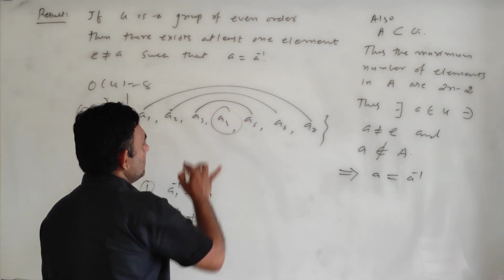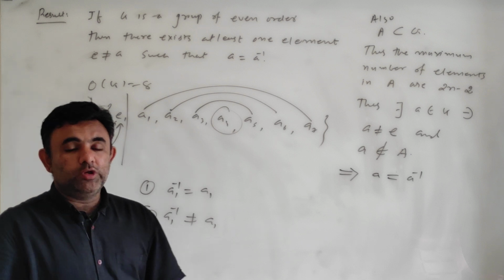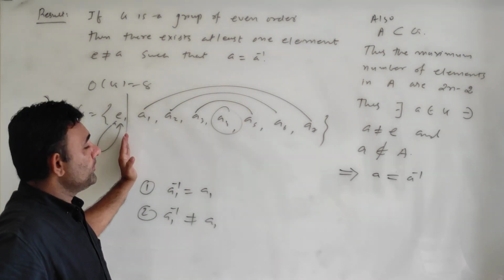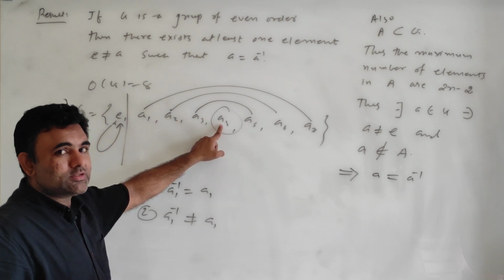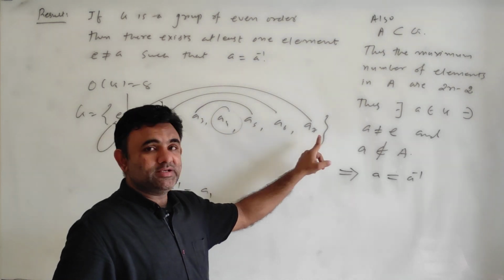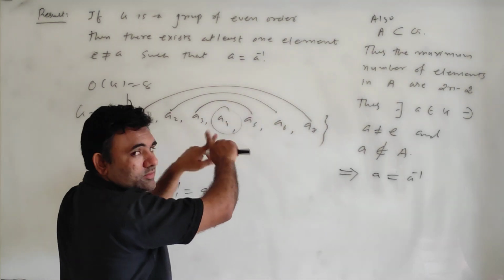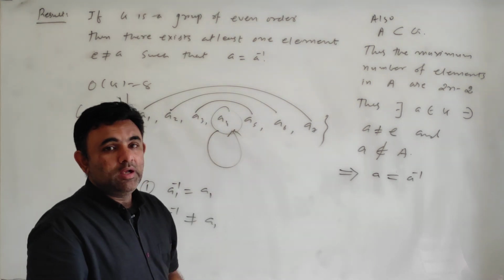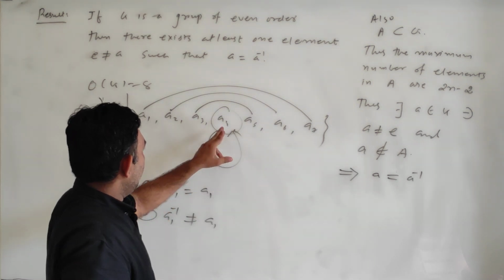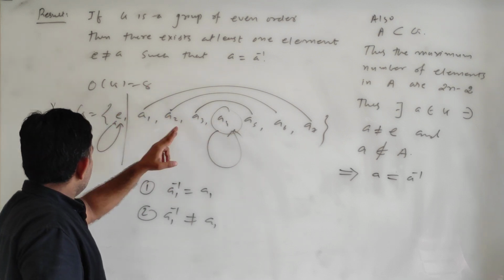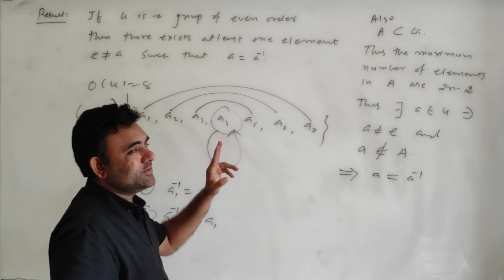Then what about a4? So a4 inverse must exist and it must be in the group. Now a4 inverse cannot be a1, a2, a3, a5, a6 or a7, because they are already engaged to each other. So a4 inverse must be itself, and hence a4 is an element in the group which is other than identity and its inverse is itself.